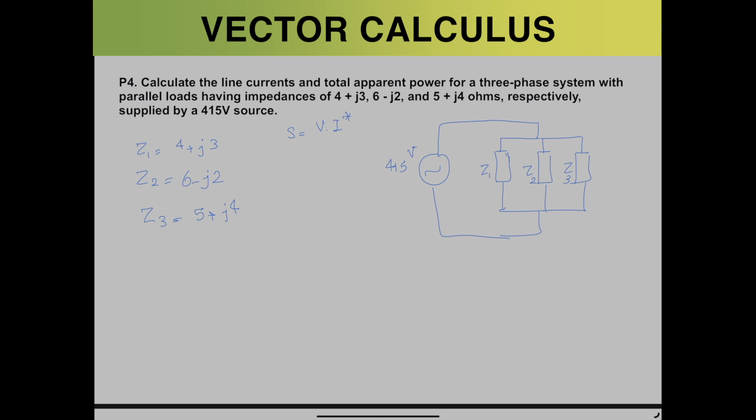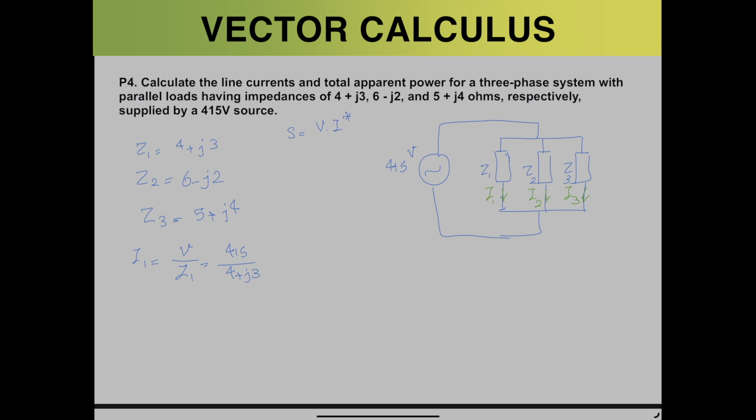So if I have currents I1 over Z1, I2 over Z2 and I3 over Z3, the value of I1 would be equal to V divided by Z1 essentially. So 415 volts divided by 4 plus J3.